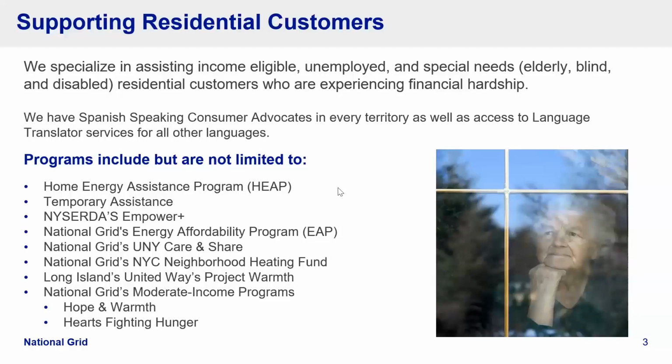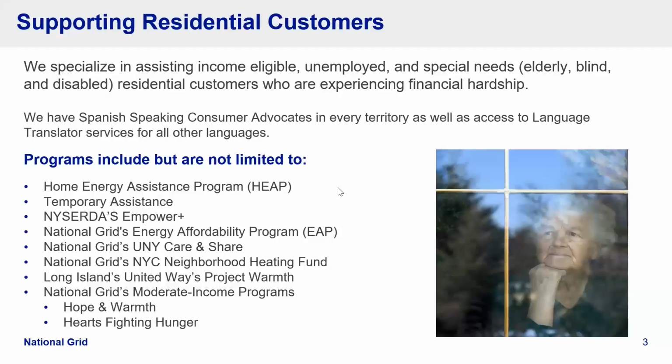We cover the gamut of people experiencing any hardship in their life. We do have Spanish speaking advocates, and we also have access to language lines. So if someone does not speak English, I'm always able to get an interpreter as well.